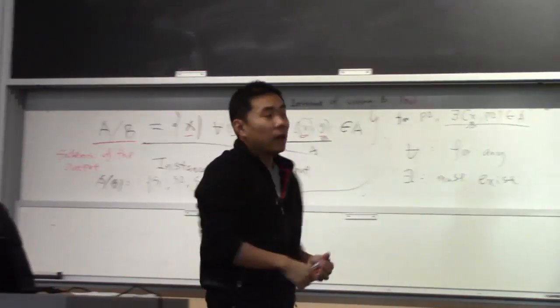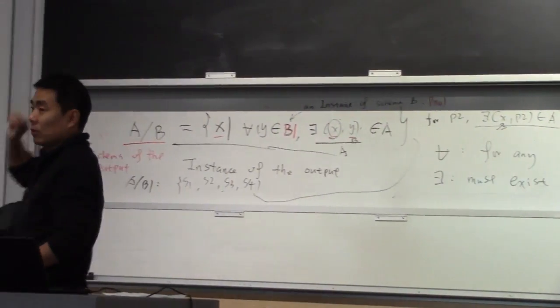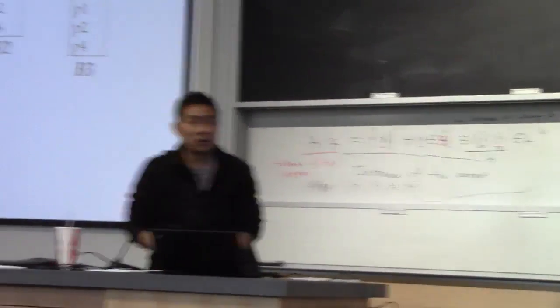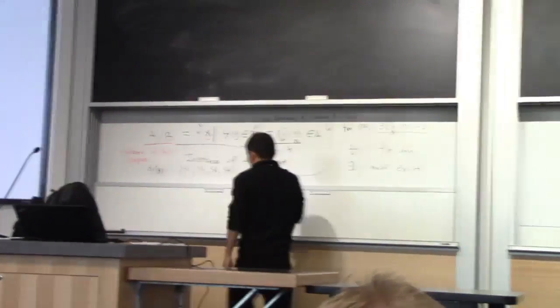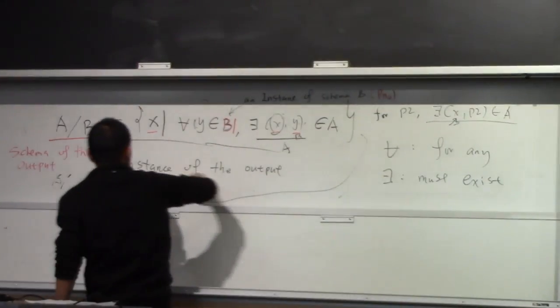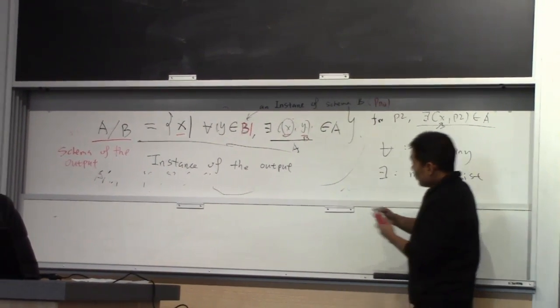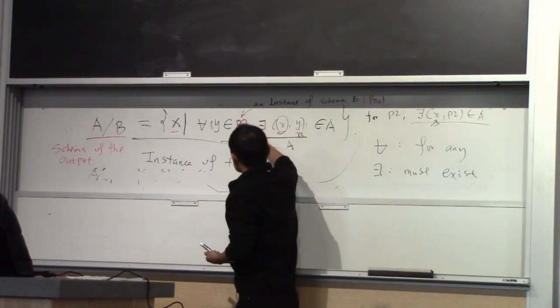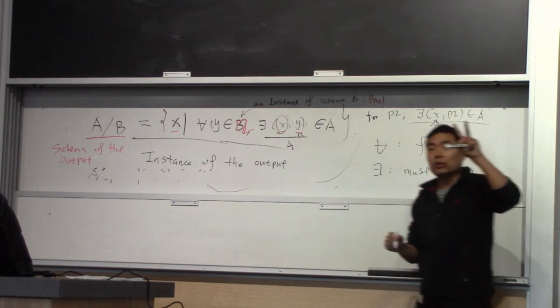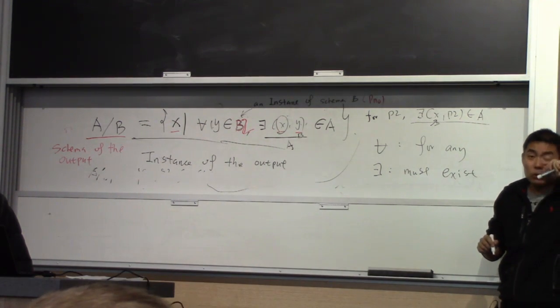Okay. What about A divided by B2? Well, I would do the same thing. B2 now has two records, P2 and P4, right?